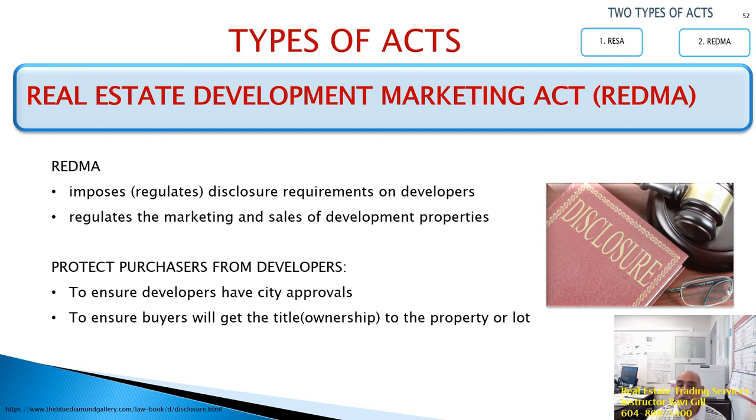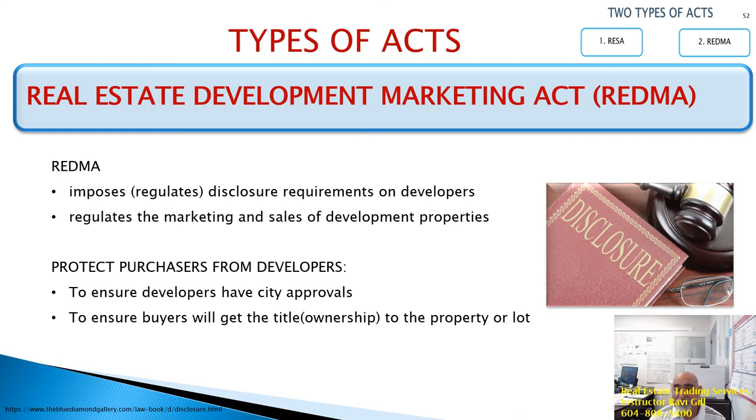Okay, so it's protecting purchasers from developers, because sometimes misinformation can be heard, but whatever is written must be disclosed. It also ensures developers have city approvals. Very important, if you're a purchaser and you're buying something from a developer, you want to know that they already have city approvals.